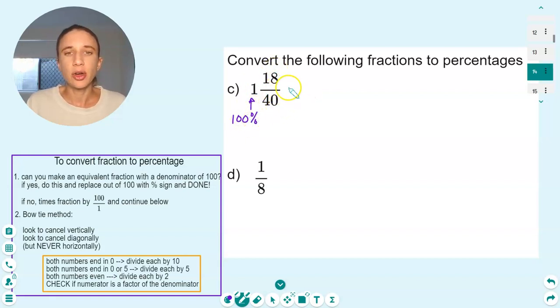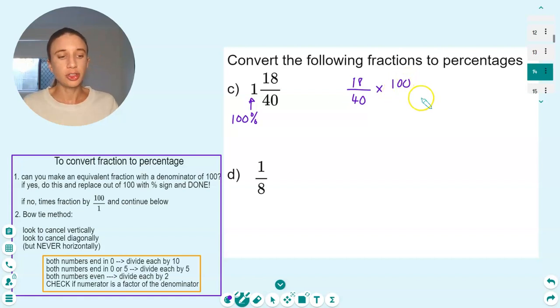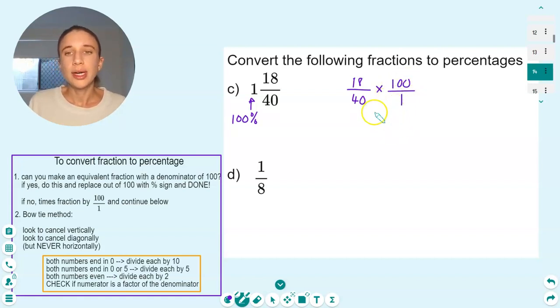Now, 18 over 40. Our first step was to see if we could replace this denominator with 100. Is 40 a factor of 100? It's not, sadly. So we continue and times the fraction by 100 over 1.